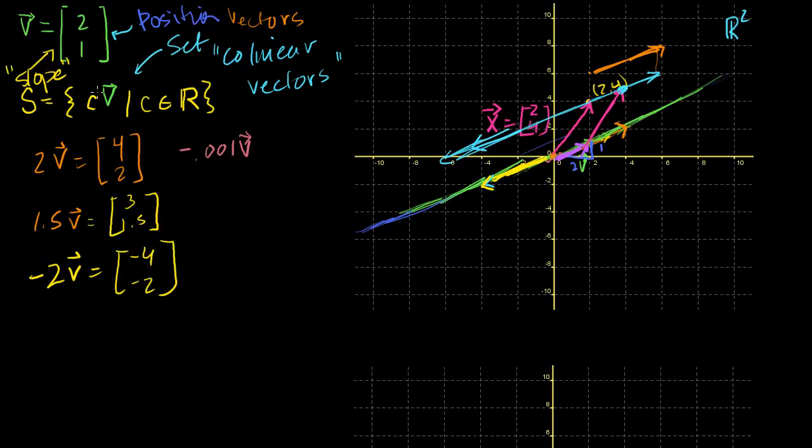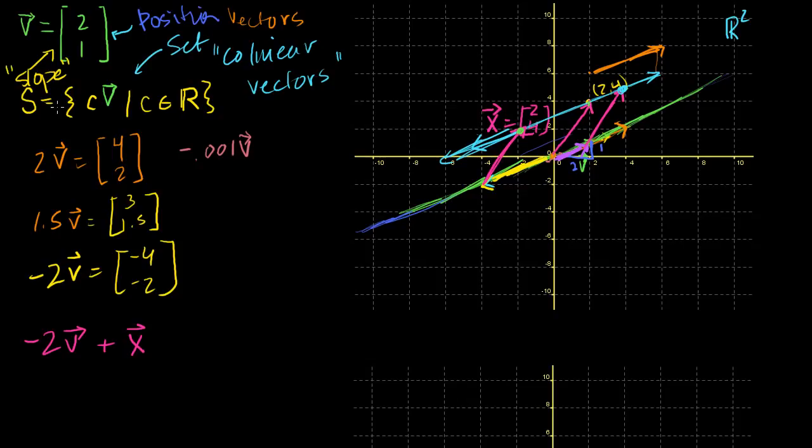But if I were to add my x vector to it, so minus 2 times my vector v plus x, I'm adding this vector 2, 4 to it. So from here, I'd go right 2 and up 4. So I'd go here. Or visually, you could just say heads to tails. So I would go right there, and I would end up at a corresponding point over there.